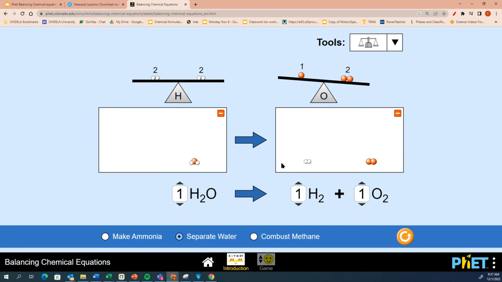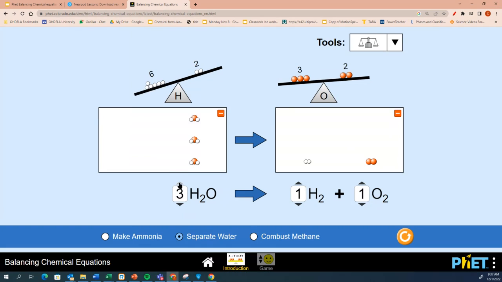So we have one, so we have to go to this side and make some corrections. We're going to add another molecule of water. Now we've got the oxygens correct, the red or orange ones, whatever color you see. The oxygens are correct, but the hydrogens are not.